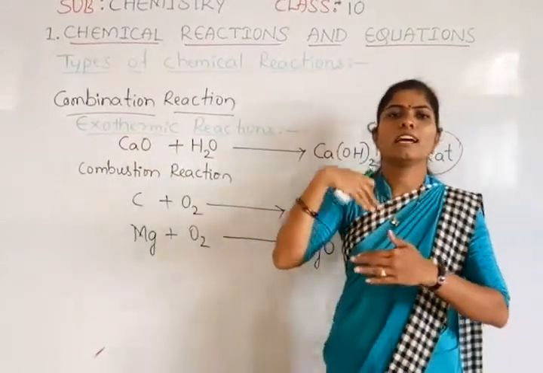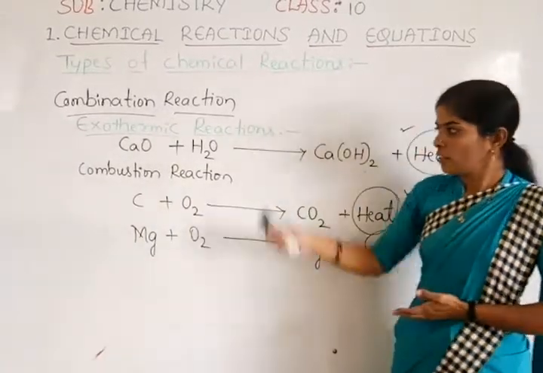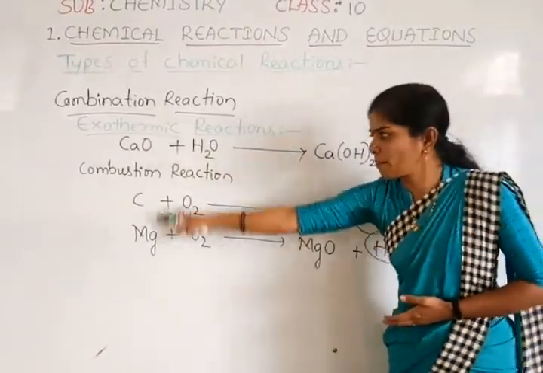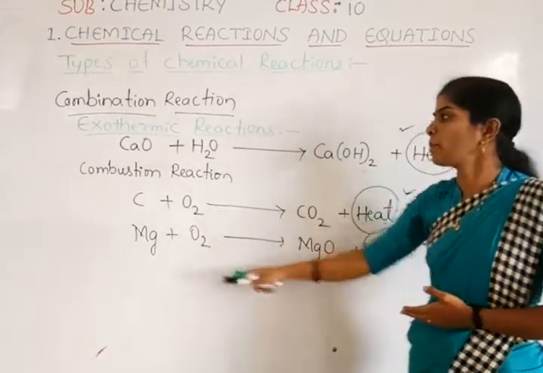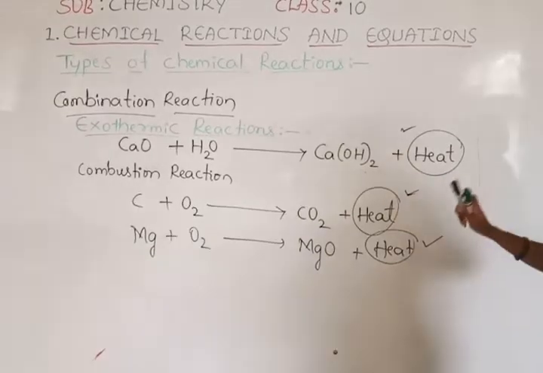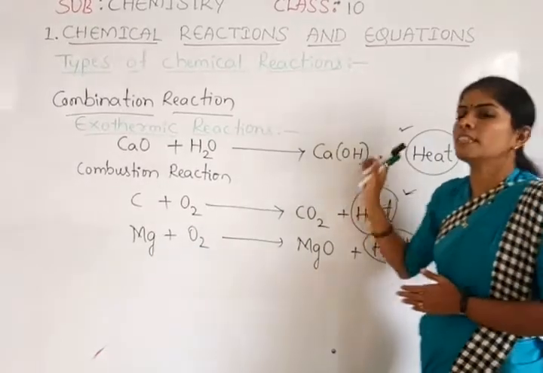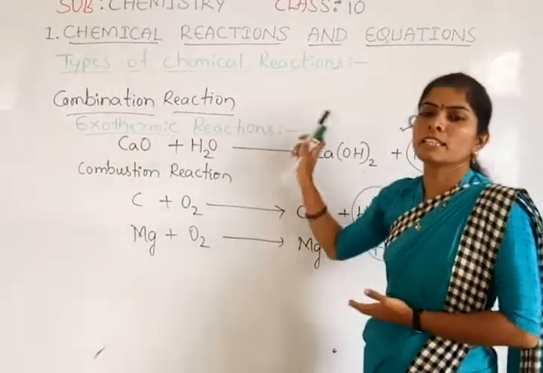Exo means what? The evolution. Evolution of heat energy takes place here. So in all the three examples, whatever I have given here, there the evolution of heat takes place.